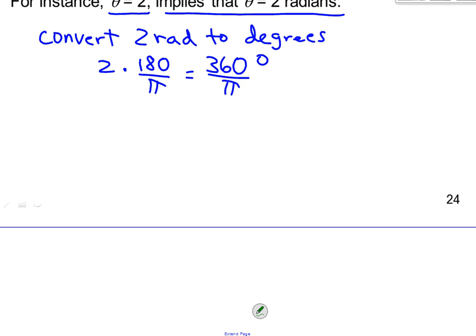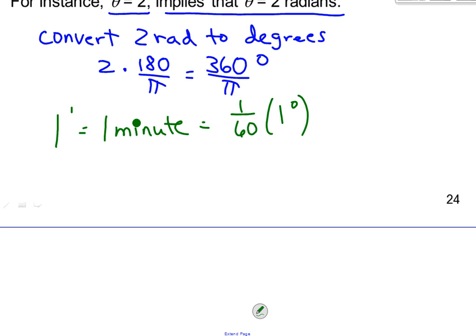The notation for that is 1 minute is just a little hash mark. And 1 minute is equal to 1/60th of 1 degree. So 60 minutes equals 1 degree.